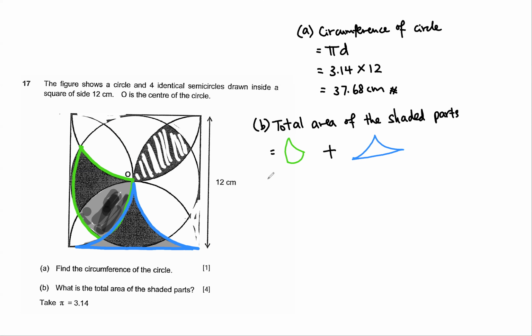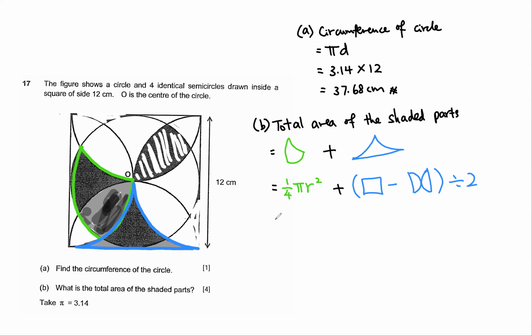Okay, and the shark's fin is nothing but a quarter of the area of a circle. So a quarter area of a circle formula is pi r squared plus the water fountain, which is the area of the square minus the two semicircles, okay, which they make up a full circle, and the entire thing divided by 2.